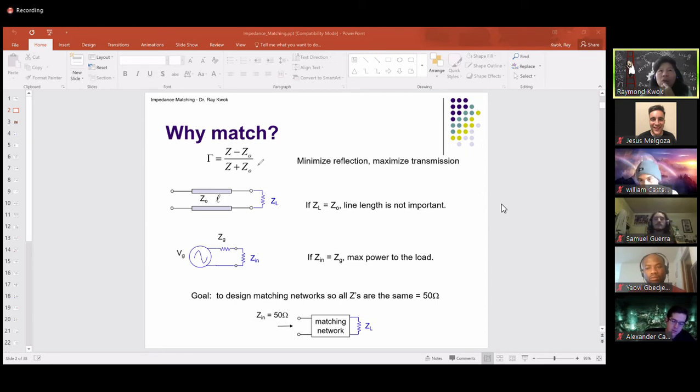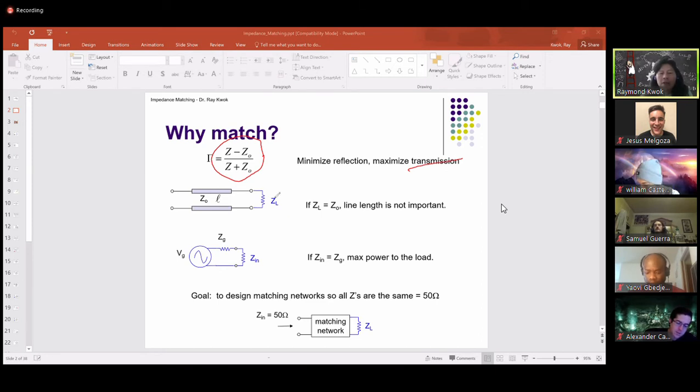It's a huge company just doing amplifiers by itself. Of course, there are many types of amplifier. Paying so much money for the power, you don't want to waste any. You want to maximize your transmission power, right? So that's why you want to match.